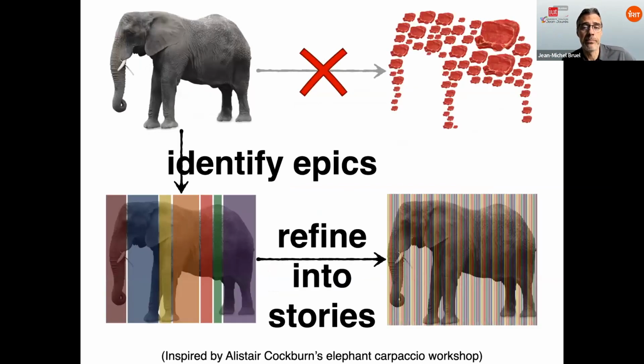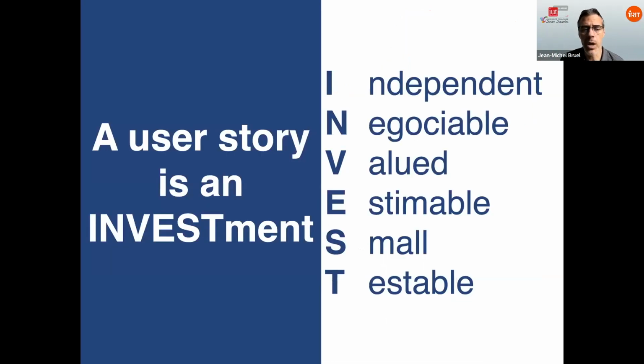So instead of splitting the system into pieces, you are going to identify big properties in the sense of epics, in the sense of use of the system, and then you are going to refine those epics into user stories. This is where we connect the requirements with the tests.